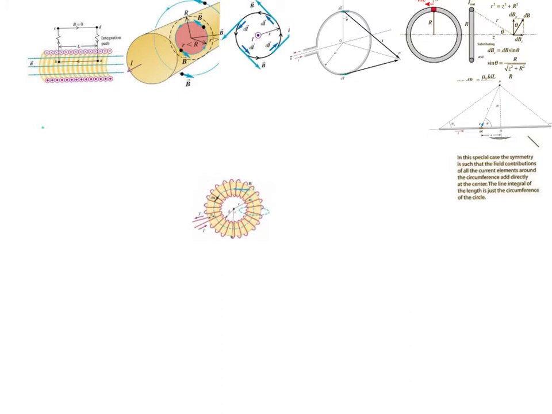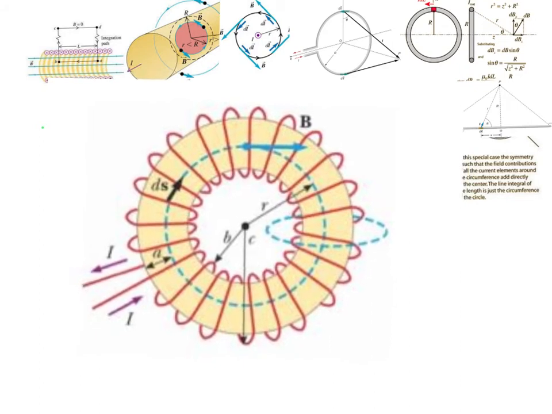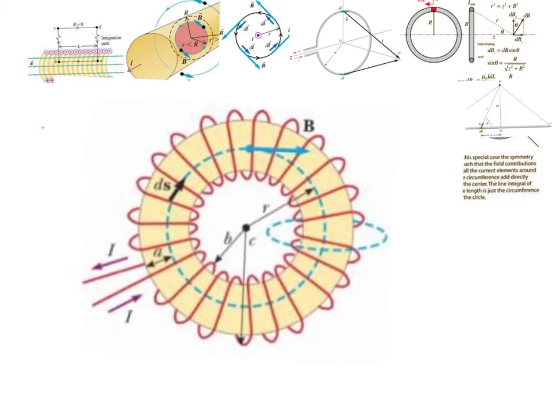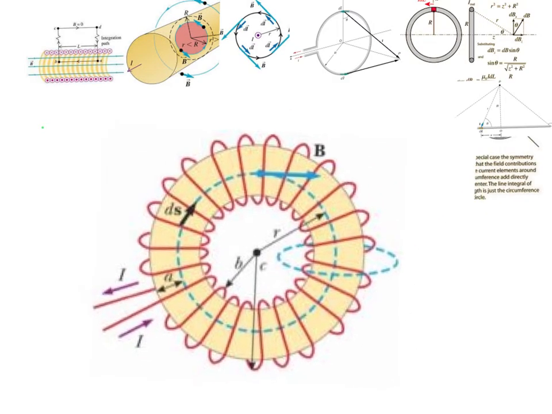There's one more problem that can be solved using Ampere's law, and that's this circular coil, this donut or torus or toroid coil, where the coil closes on itself and all the field is inside the coil.